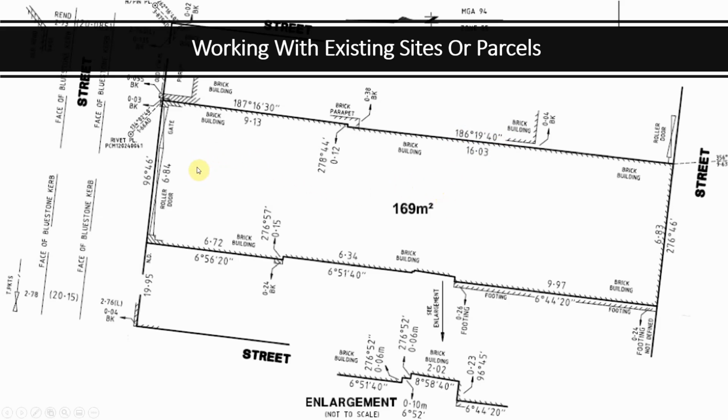For example, if we're doing any site drainage for this site here, the first thing we need to do is draw this site, and we need to draw it accurately, especially if we are designing the site drainage or retaining walls. All of this information has to be defined accurately on the site plan. So we will learn also how to work with existing sites, how to draw their boundaries correctly for the civil design to be completed.